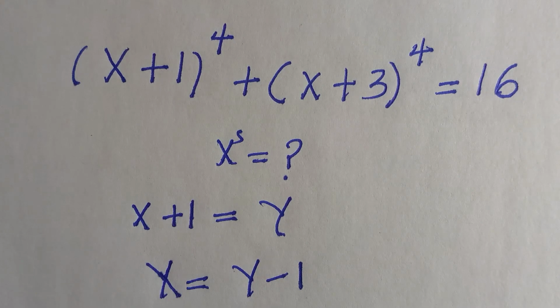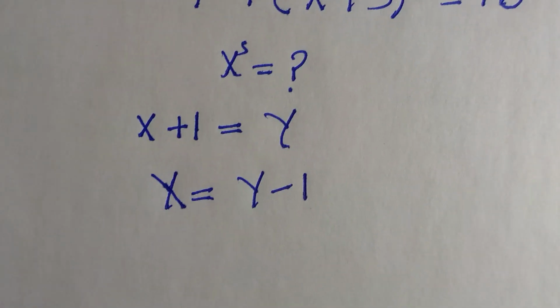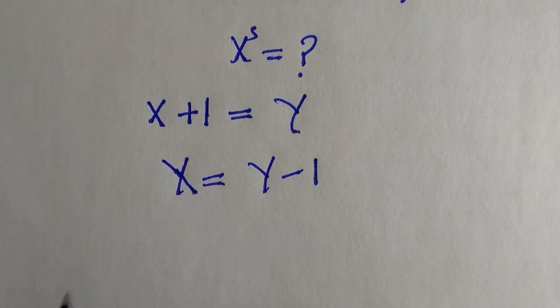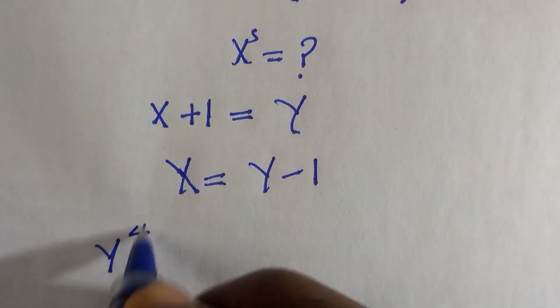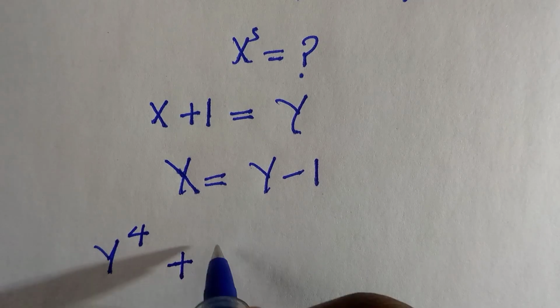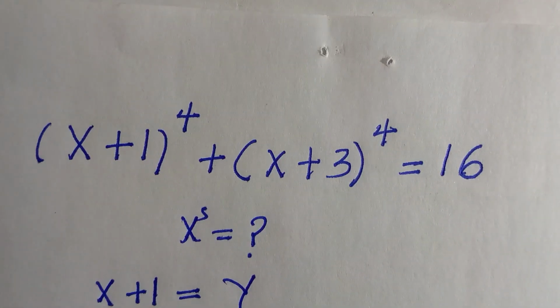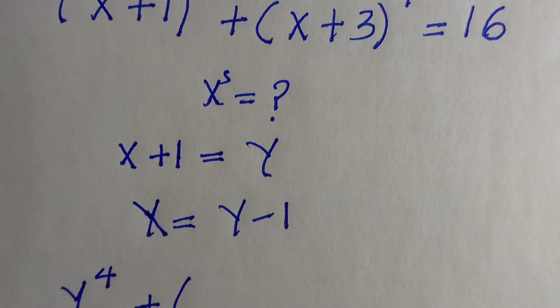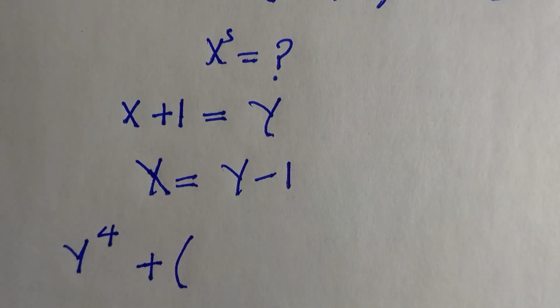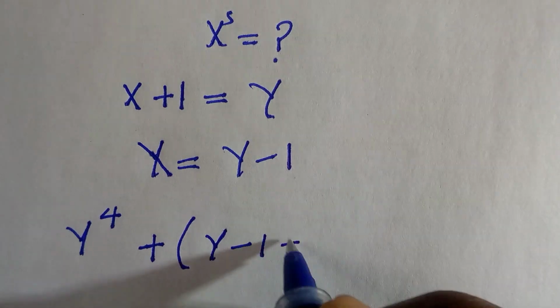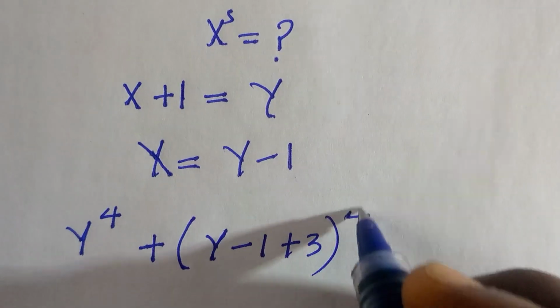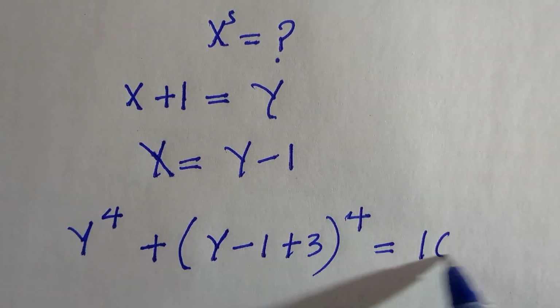So in the equation above, anywhere we see x + 1, we replace it with y. That is y^4 plus, for x, we replace it as (y - 1) + 3, everything raised to power 4 equals 16.